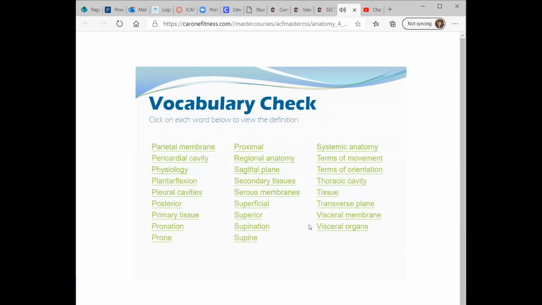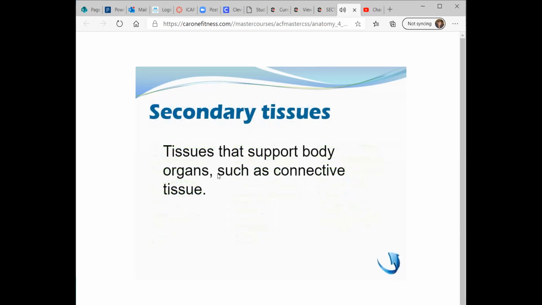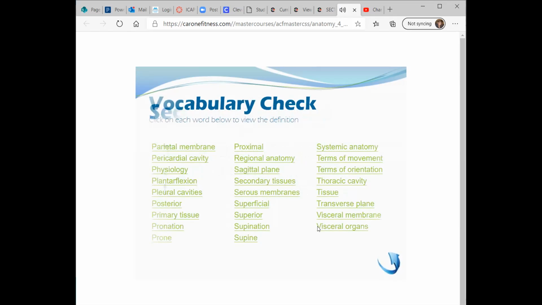Secondary tissue, like connective tissue, supports the organ. So primary tissues comprise the organ, but secondary tissues support it. Think of it in those terms.